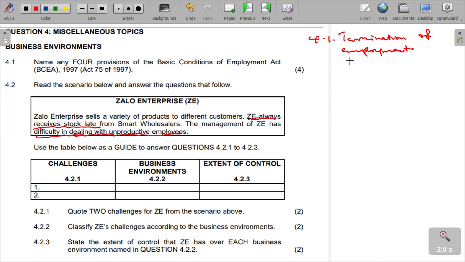It also covers the prohibition of employment of children and forced labor under the Basic Conditions of Employment Act.